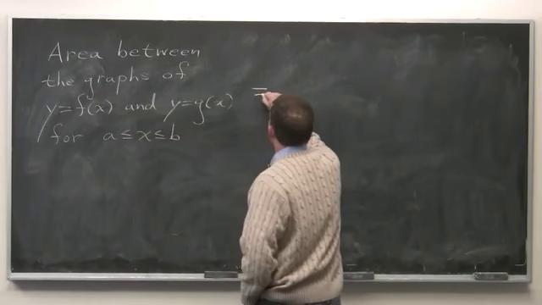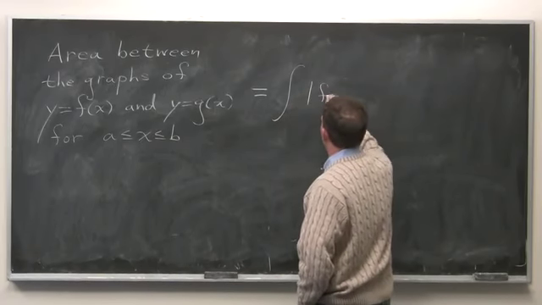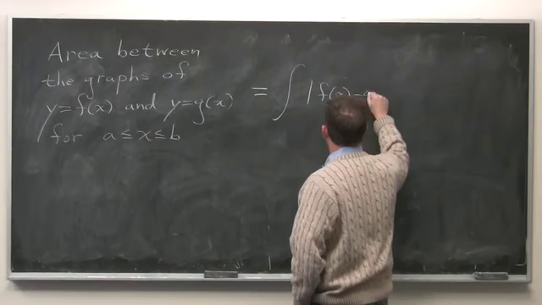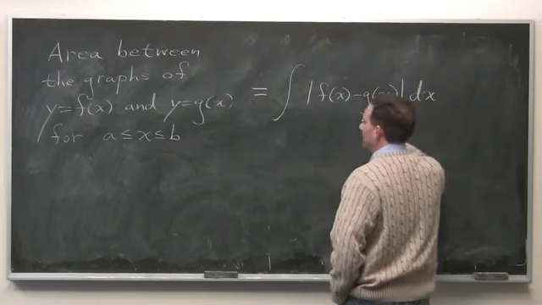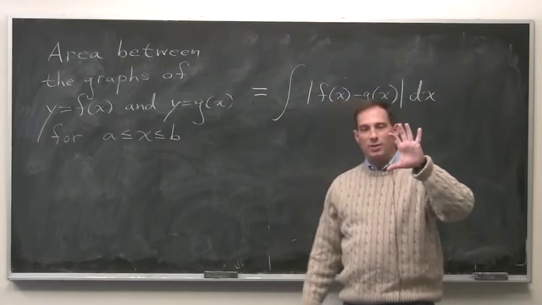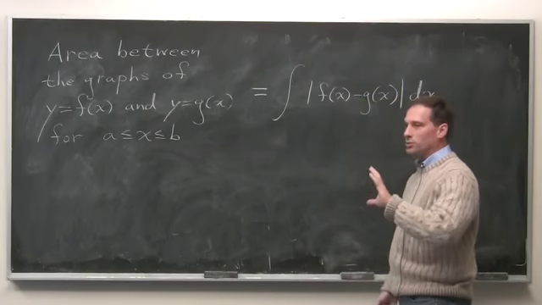The nice way to write it, one quick formula, you take the absolute value of f of x minus g of x. That gives you a height. That gives you the height of the little rectangles between the two curves, regardless of which one is bigger.